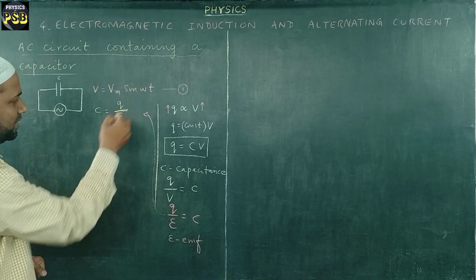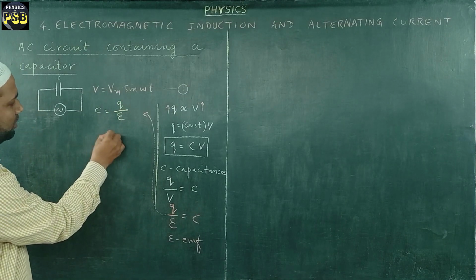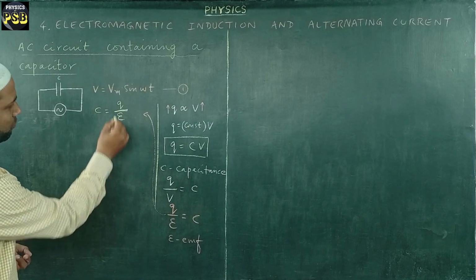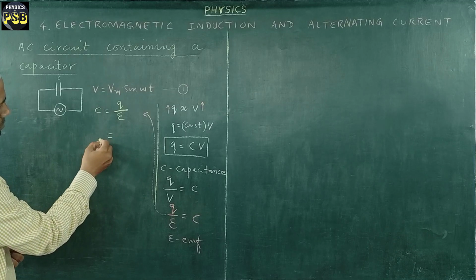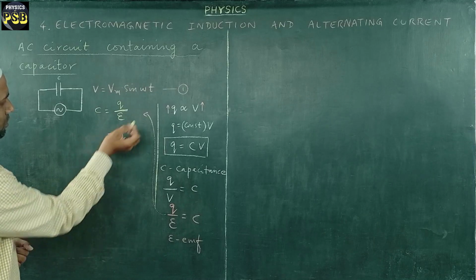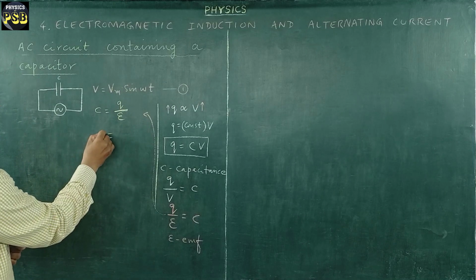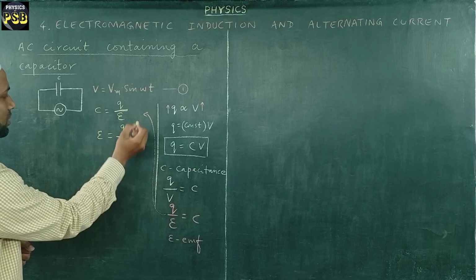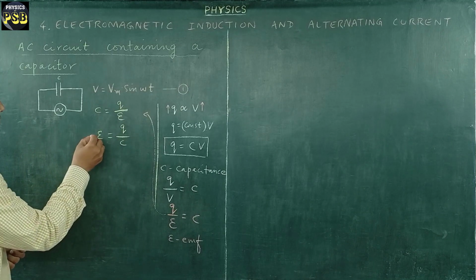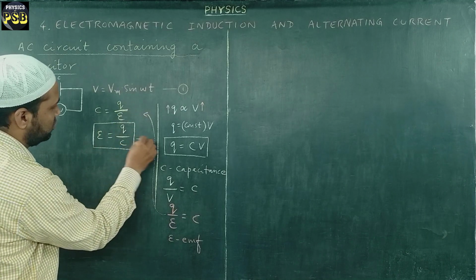Here Q is the charge and epsilon is the EMF in the capacitor. Then the value of epsilon is Q upon C. I'll keep this as such. Now I'll go ahead and box this value.